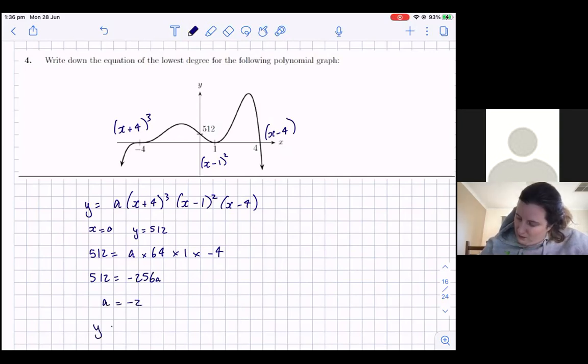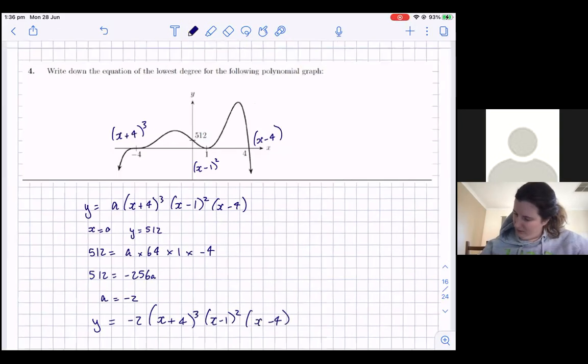So we've got y equals negative 2, x plus 4 cubed, x take 1 squared, x take 4. Simple enough.